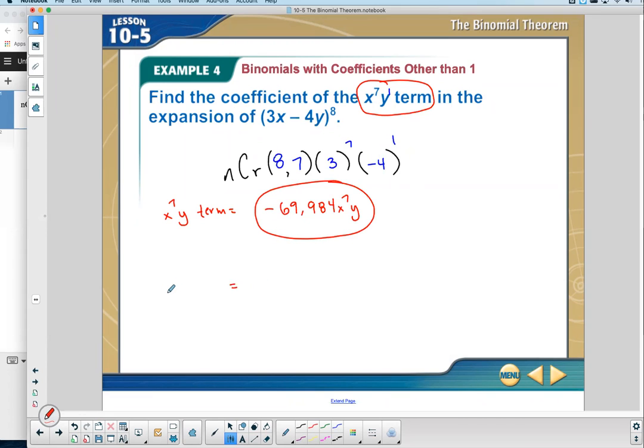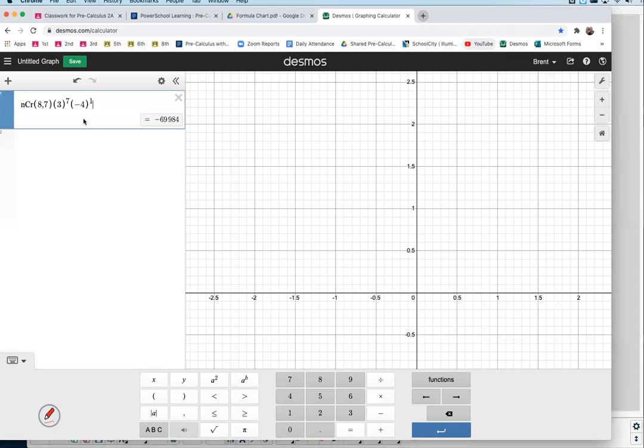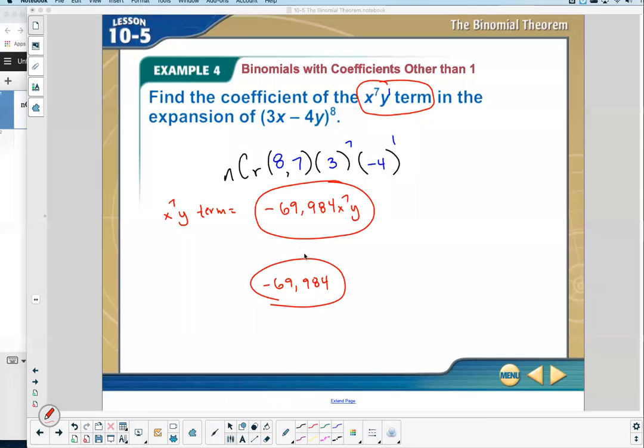So the coefficient would be the -69,984. Did I get that number right, or was it 986? 984. Oh yeah, got it right. And I also want to show you, so we did wins there. You could have done losses, and you still get the same number. It doesn't matter which one you put in on the nCr portion.